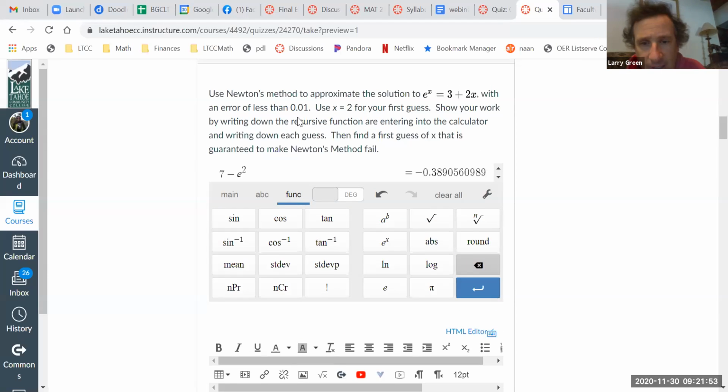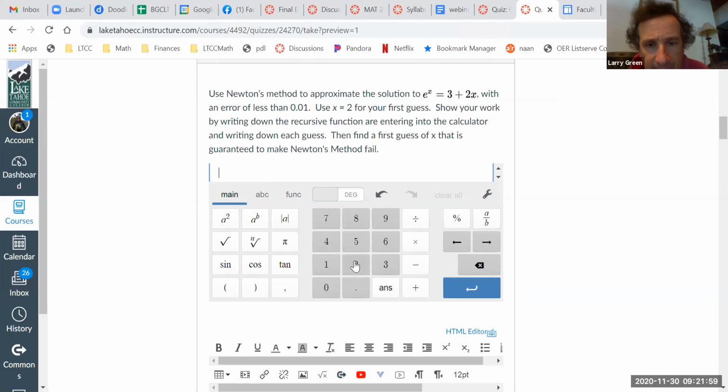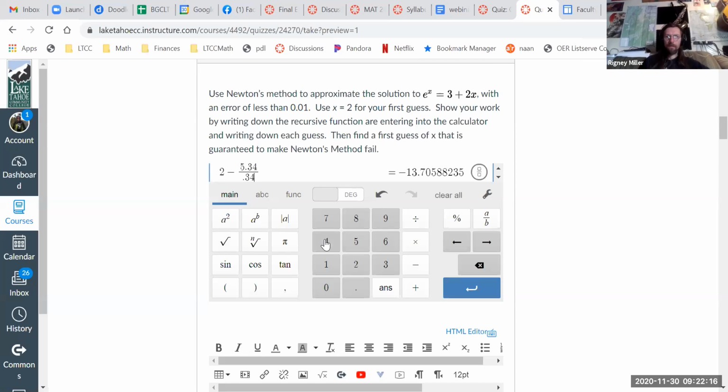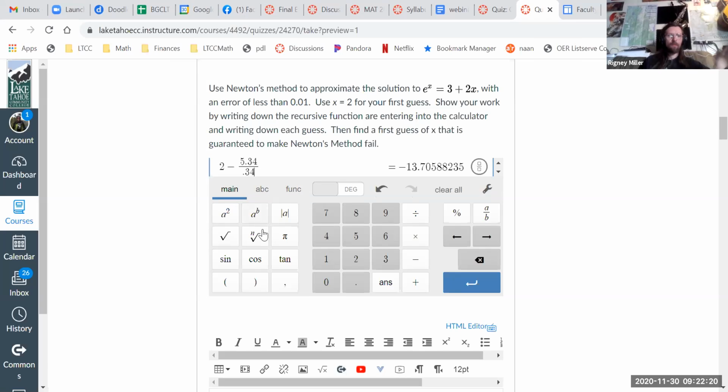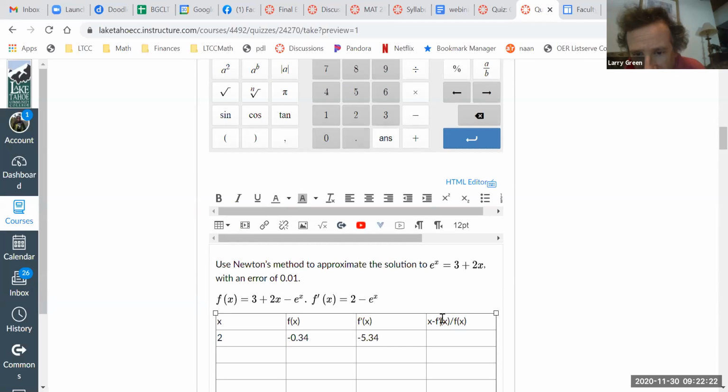So then we have to find 2 minus 5.34 over 0.34. I was under the impression it was f of x over f prime of x. Yes, it's backwards.